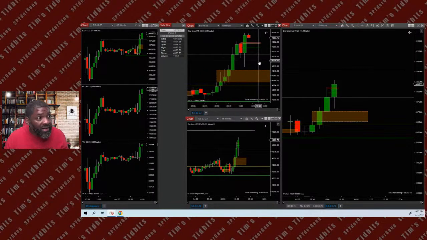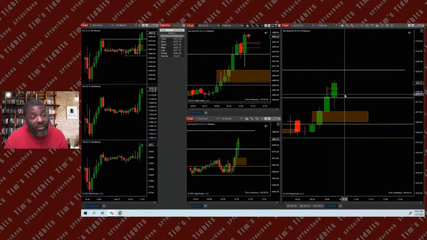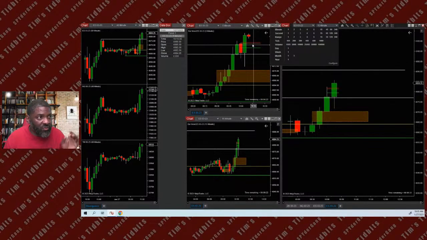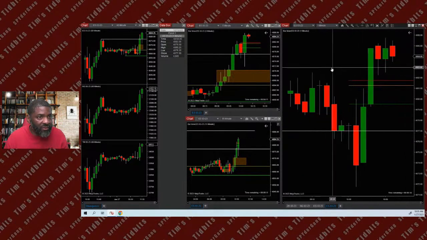So at this point, I wouldn't be interested in taking a trade right now. But what I'm about to do is drop down to the 1 minute and just eyeball, mental trade a continuation. See if it'll give a continuation based off of this order block and try to get a continuation toward this buy side liquidity, right?